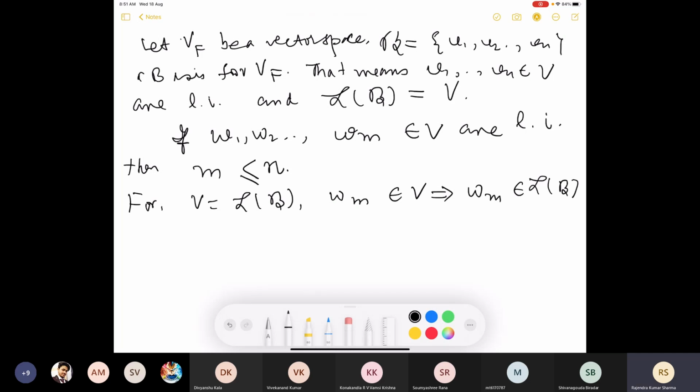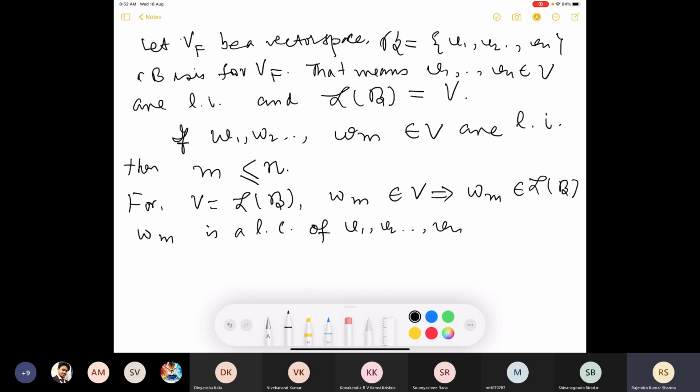That means this Wm is a linear combination of V1, V2, up to Vn.